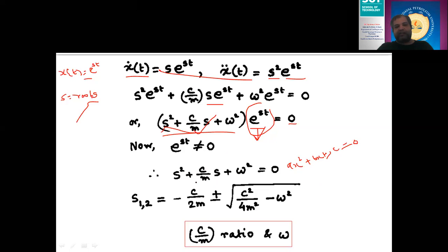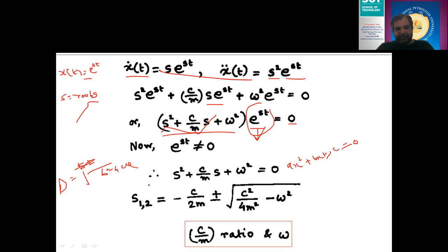If you want to find the roots of this equation, you can find the value of delta, which is b square minus 4ac, and the roots are minus b plus or minus the square root of delta upon 2a. I think you know this relation.